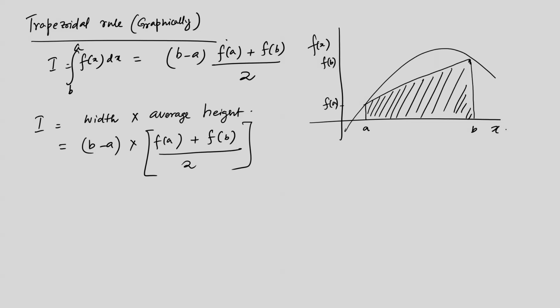But this is of course very crude; how crude it is one can understand, but before that let us calculate the error in the trapezoidal rule. Error of course comes from dropping the higher order terms in the trapezoidal rule, and because we have dropped some terms, there is a truncation error that is bound to come in.